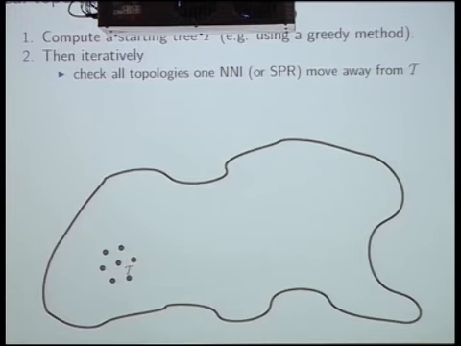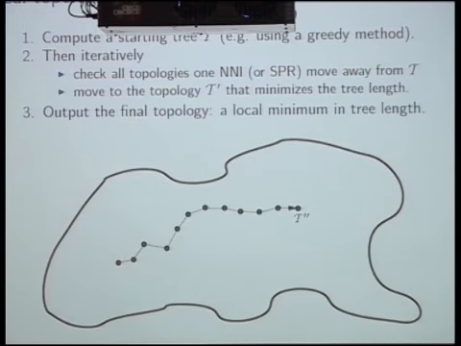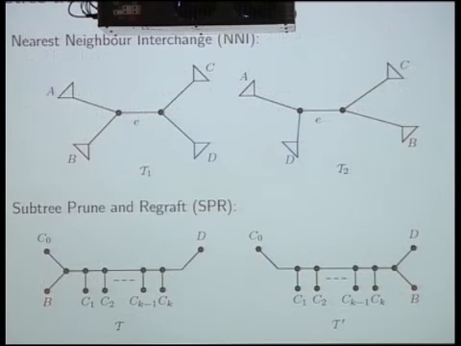We'll just check locally which one is the best, minimizes the tree length, and we'll move to that and then iterate the process until we find our final output topology, which we can guarantee is at least a local minimum in terms of the total tree length. And obviously the question we'll get to is whether this is a global minimum or not.